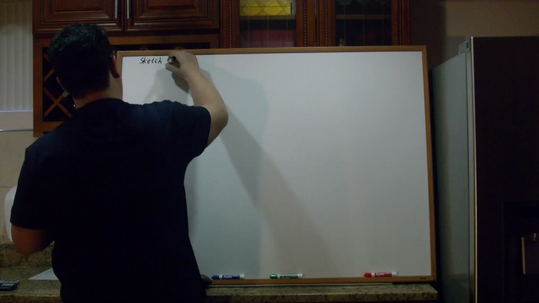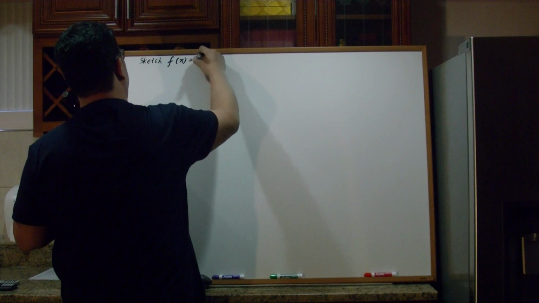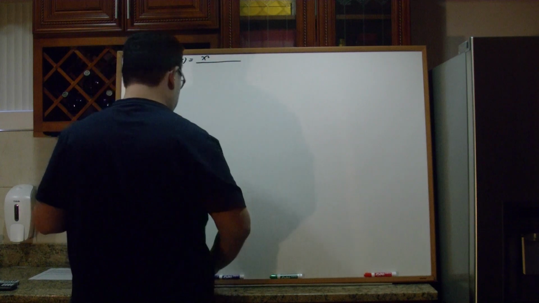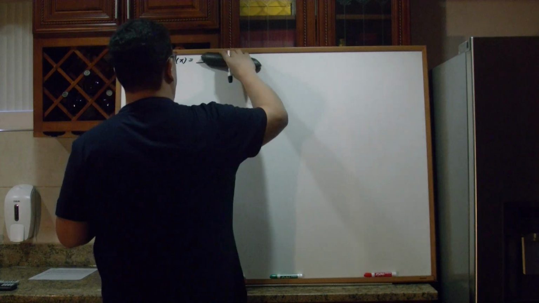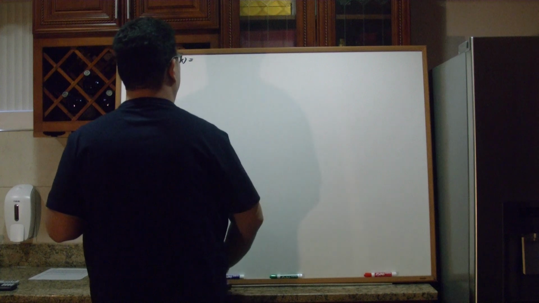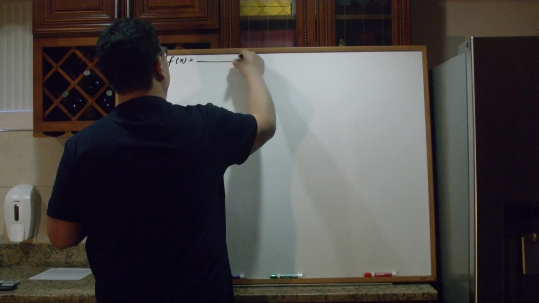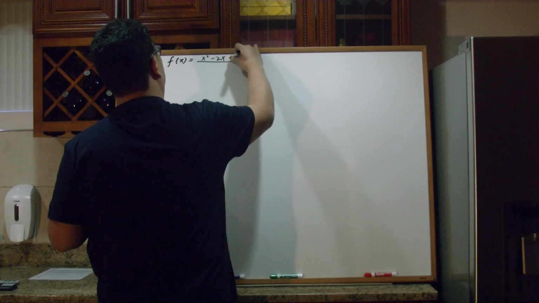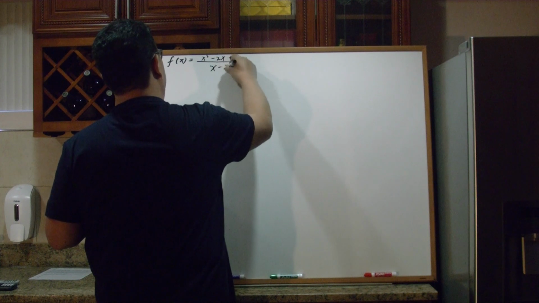Sketch the curve f of x equals x squared minus 2x plus 4 over x minus 2.